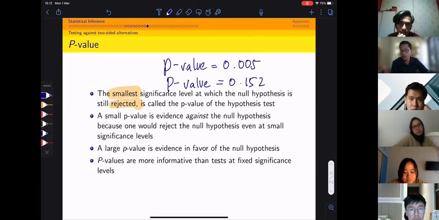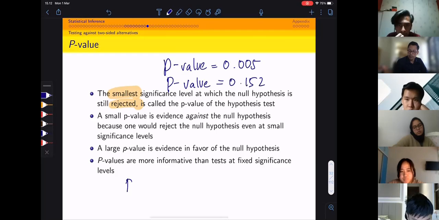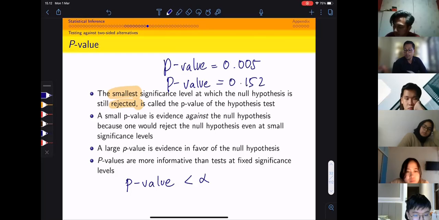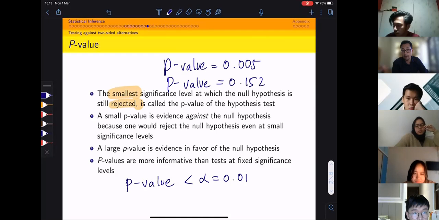Basically, what you're going to do is compare the p-value and the significance level. Suppose your significance level is 1%, or 0.01. If your p-value is lower than 0.01, it means that you reject the null hypothesis at the 1% significance level.